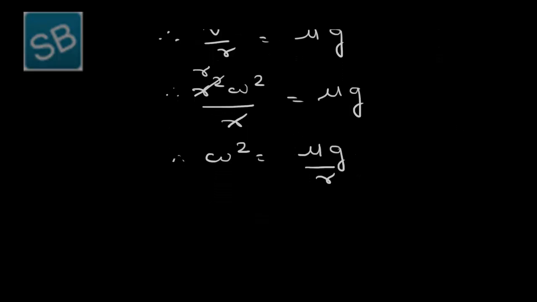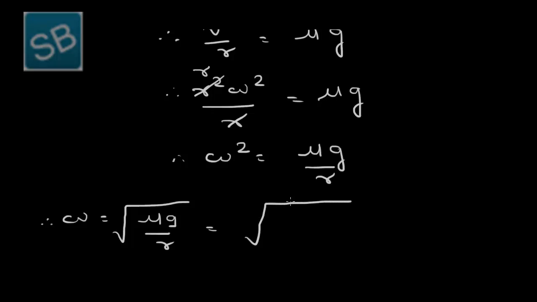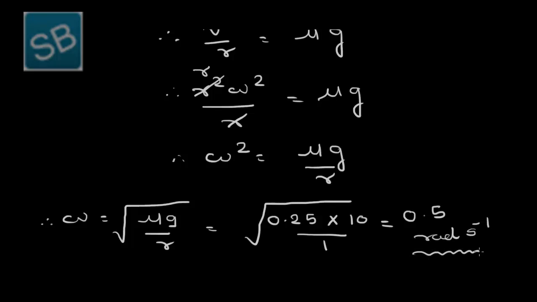And so the magnitude of angular velocity, that means omega, is the square root of mu g over r, equal to the square root of, mu is 0.25, g is having the value 10 and r is having the value 1. So the value of angular velocity is 0.5 radian per second.